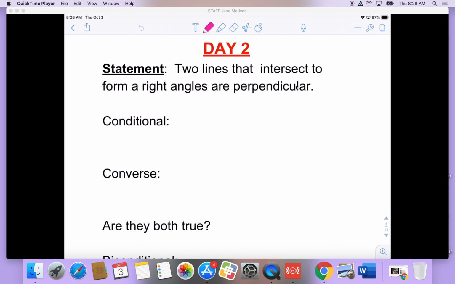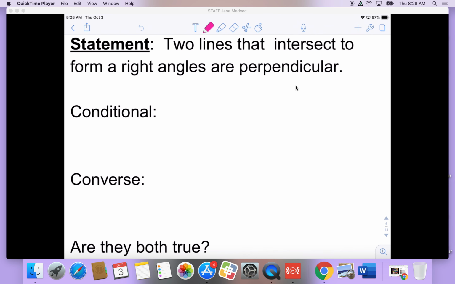So let's take a look at the first sentence. It says 2 lines that intersect to form a right angle are perpendicular. So I'm going to start off with the word if.